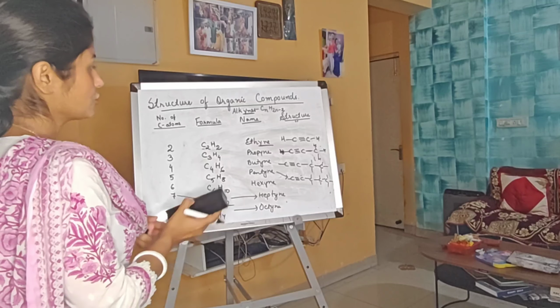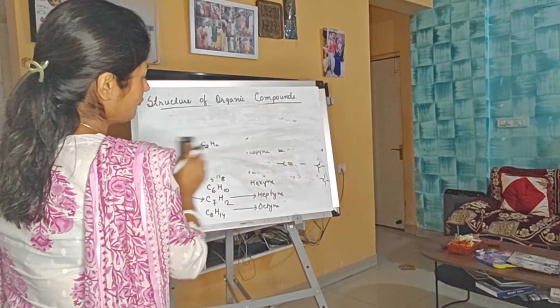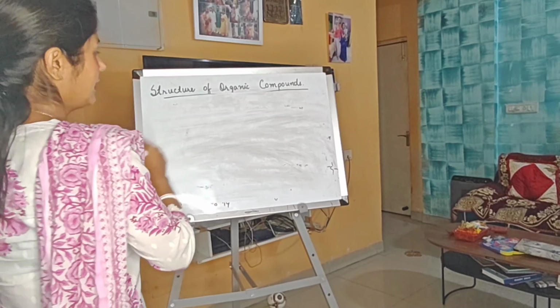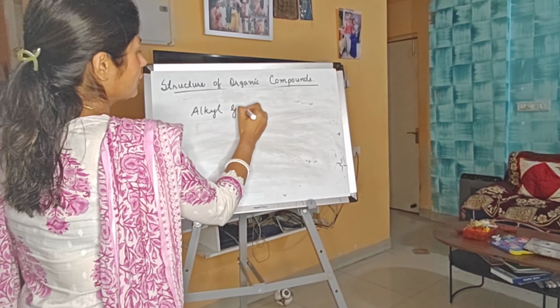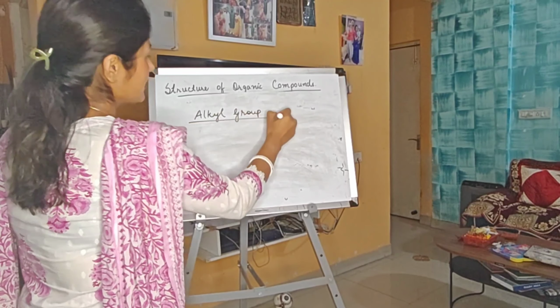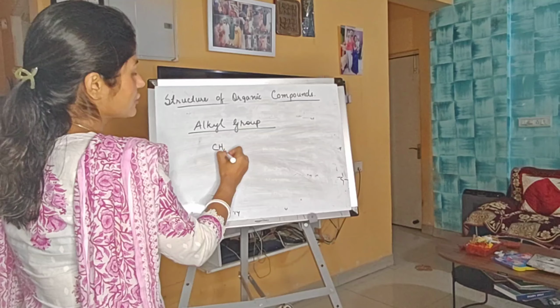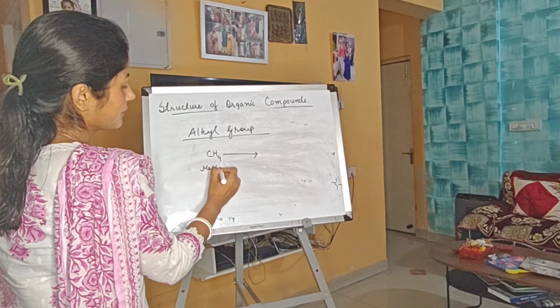So one last topic for today's video will be the alkyl group. This is what we will be discussing, alkyl group. So what is an alkyl group? When a hydrogen atom is removed from an alkane, this is a methane.